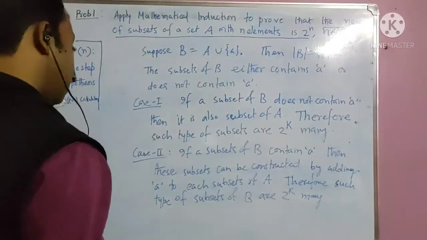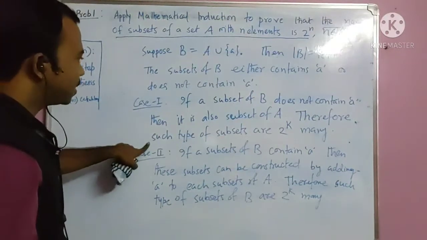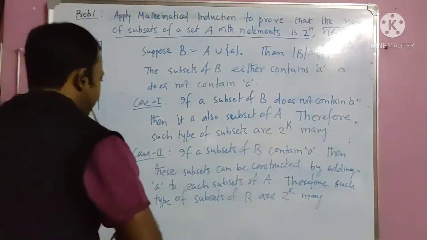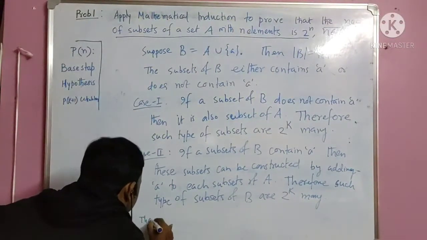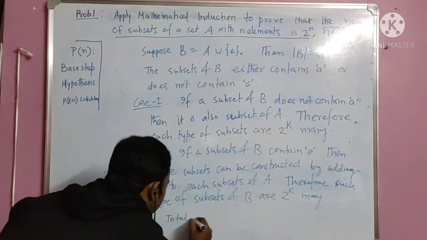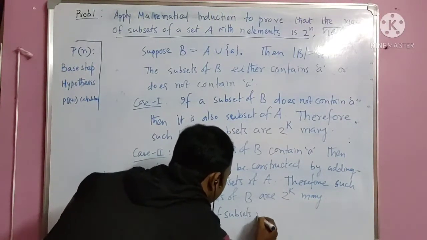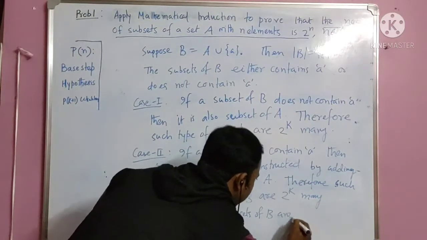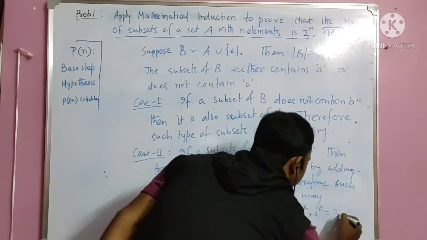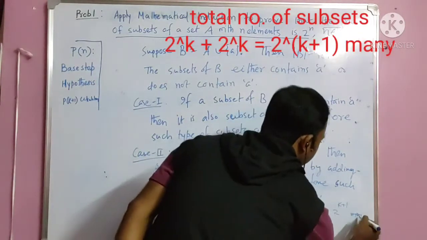Since in case 1 there are 2 to the power k and in case 2 there are 2 to the power k, thus the total number of subsets of B is 2 to the power k plus 2 to the power k, which equals 2 to the power k+1.